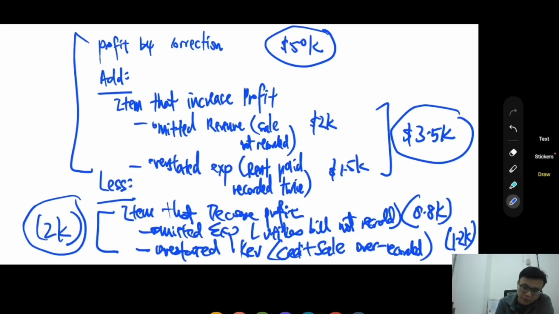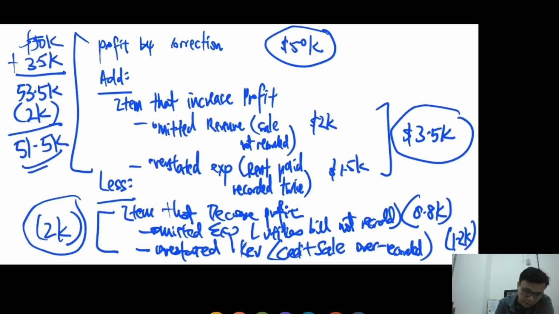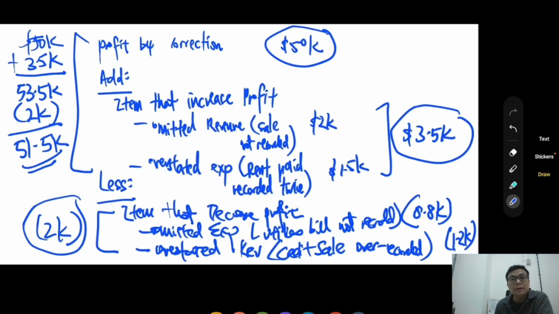That will be 50k add 3.5k, which gives you 53.5k, and you less off 2k, and you will be able to get 51.5k. This will be the correct value of the profit.